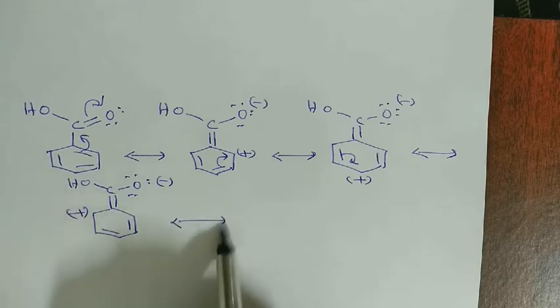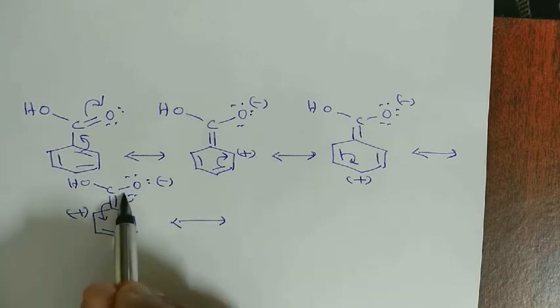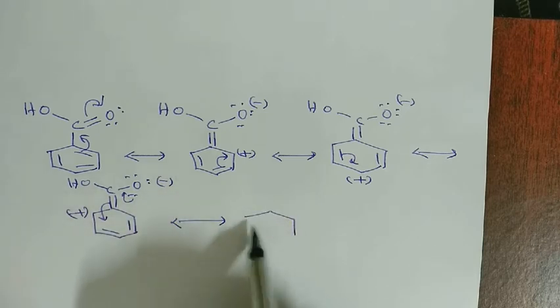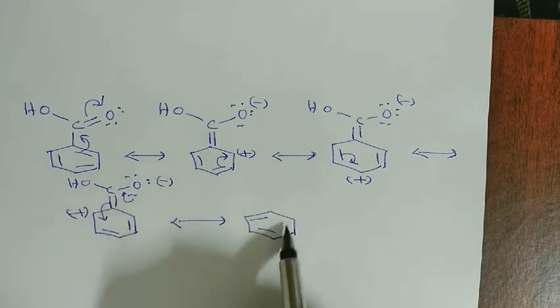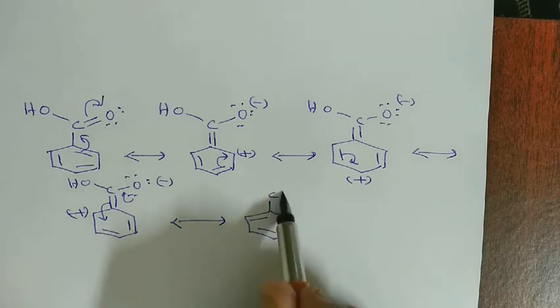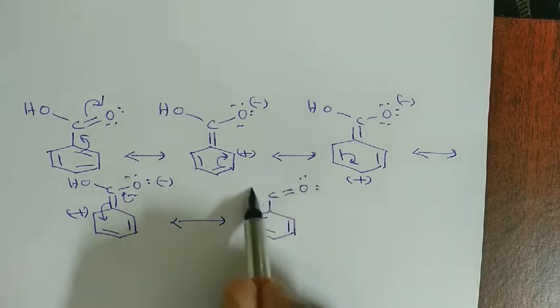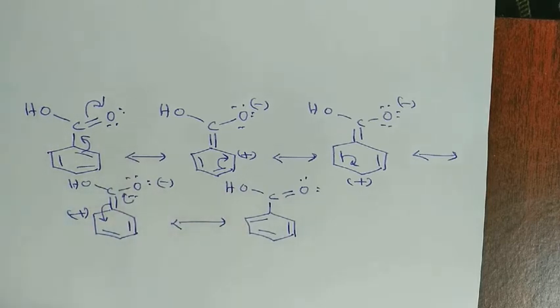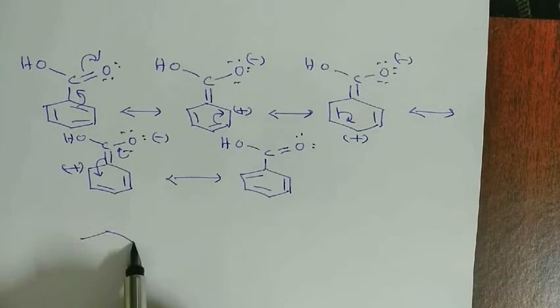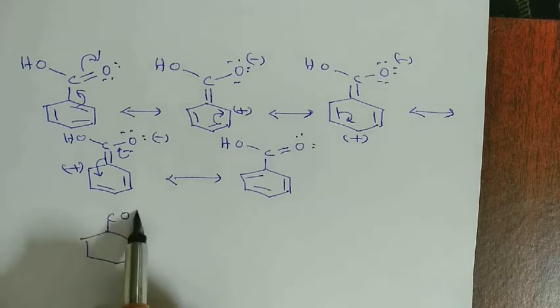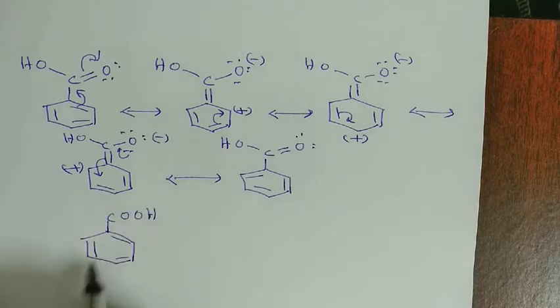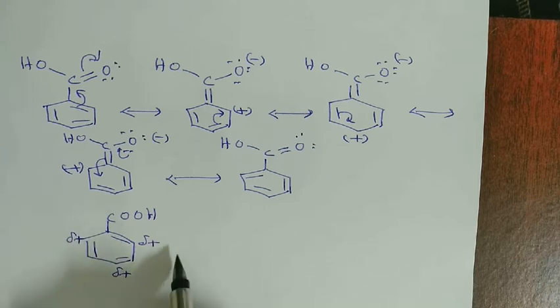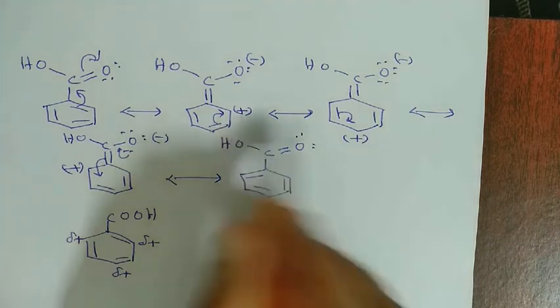So when benzoic acid is subjected to an electrophilic substitution reaction like nitration, the nitronium ion will not approach the ortho or para carbon atom, because ortho and para carbon atoms have less electron density due to the minus R effect. So in benzoic acid, ortho and para carbon atoms are electron deficient, having a slight positive charge.